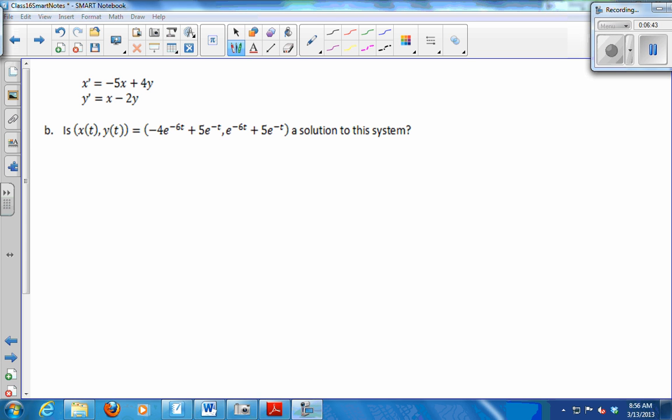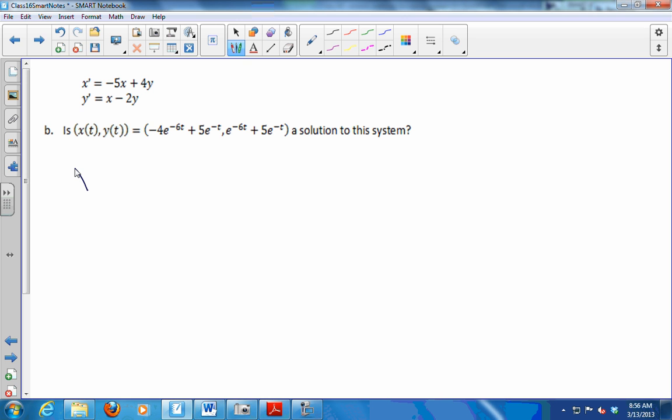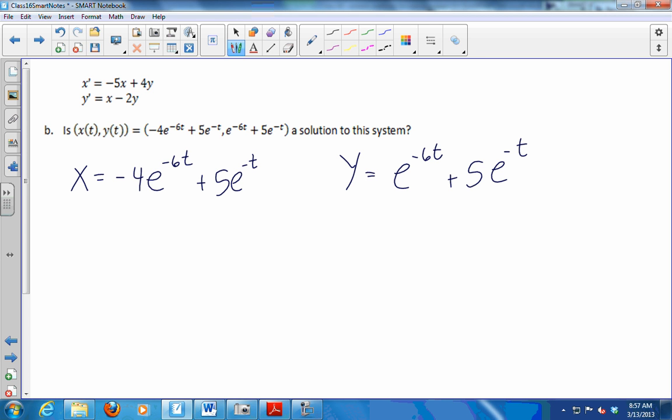Okay, so let's see. x of t is going to be negative 4 e to the negative 6t plus 5 e to the negative t. y is e to the negative 6t plus 5 e to the negative t.